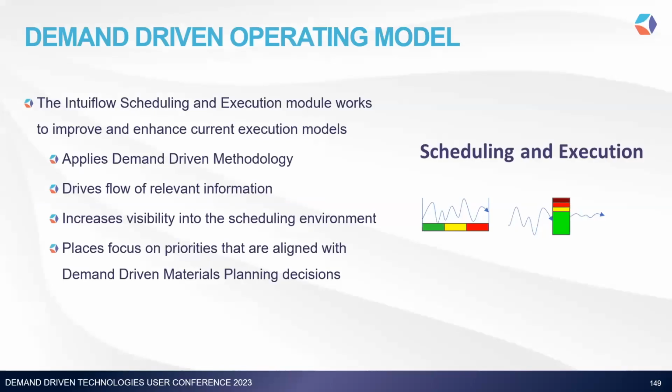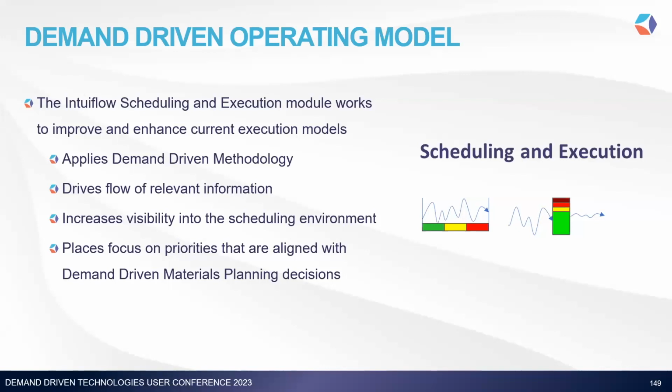So the demand-driven operating model, we've slammed this today. We've talked about it a lot, but it really is the crux and the bread and butter of our scheduling and execution software, where we're taking the scheduling side of things and applying the DDMRP methodology to it. By doing so, we are pushing and driving the flow of relevant information.